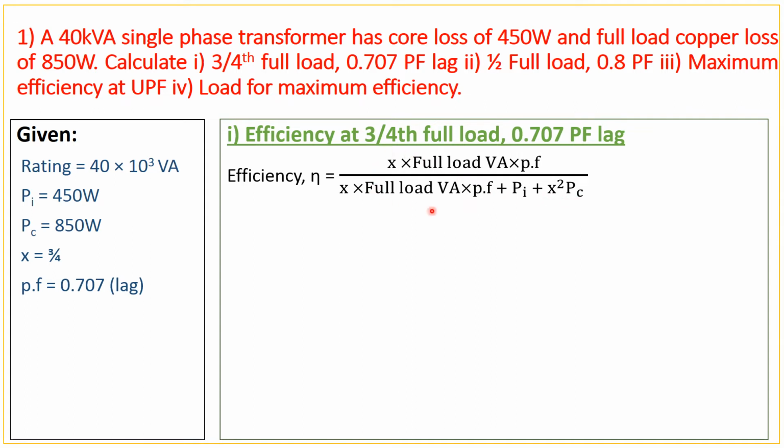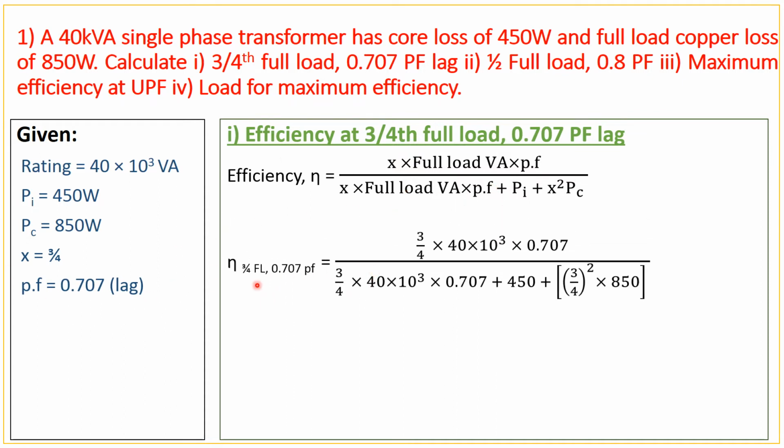Now we must substitute the given data in the formula. So efficiency at 3 by 4th full load, 0.707 power factor. What is x here? X is equal to 3 by 4th, because they have asked 3 by 4th full load. So wherever there is x, I am replacing it by 3 by 4.